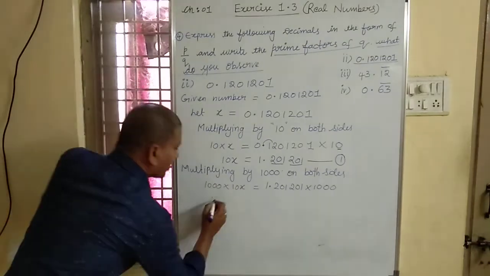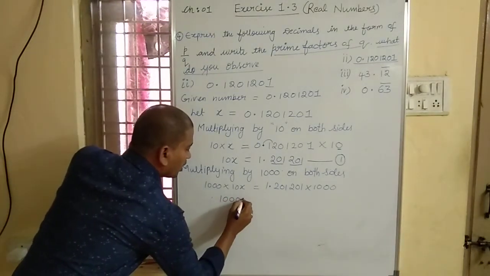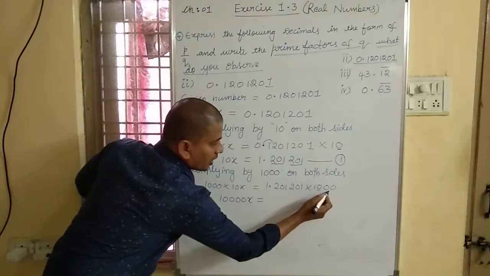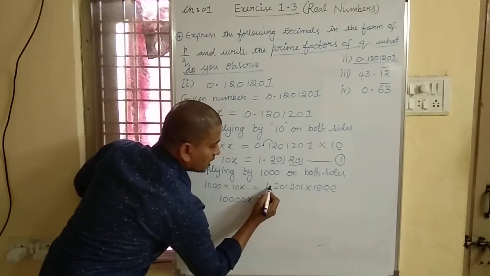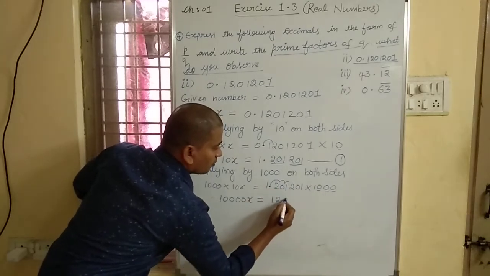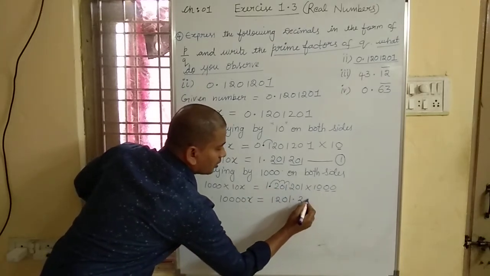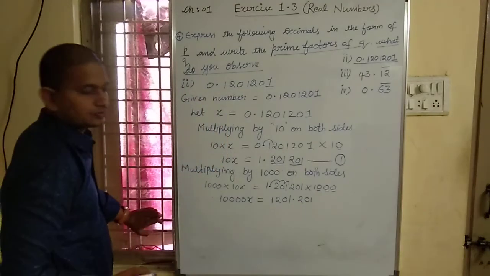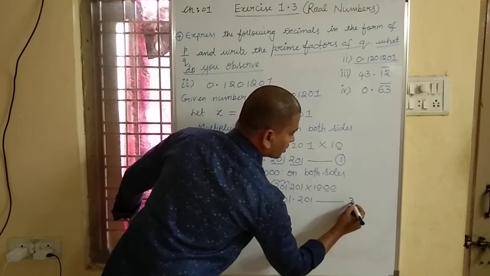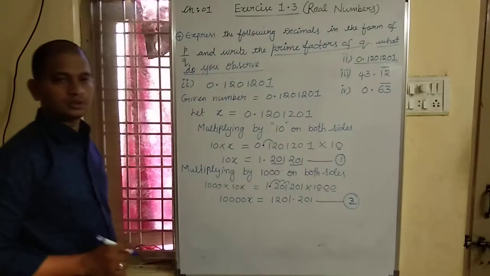So 10,000x is equal to, as we are multiplying by 3 zeros, the decimal point will shift 3 digits, so it will become 1201.201. This will be our equation number 2.